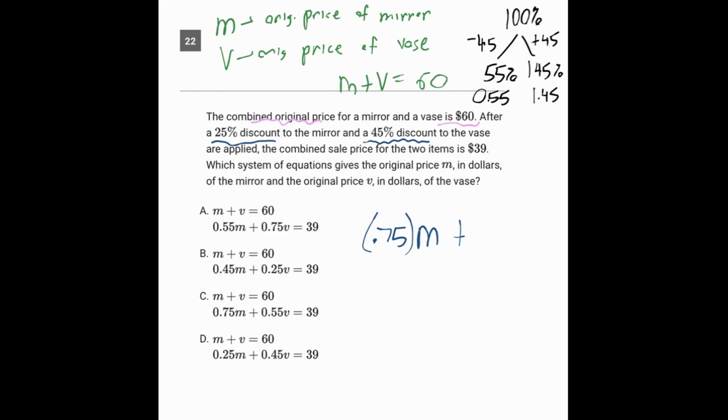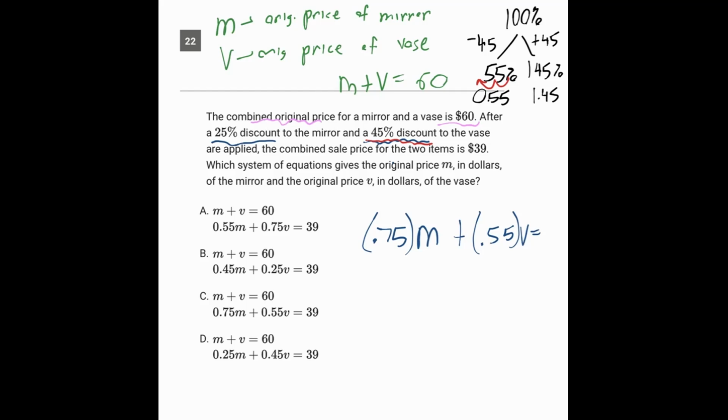Because to go from percent to decimal form, you move the decimal 2 spaces left. So if we're discounting it 45%, that means we're multiplying it by 0.55.